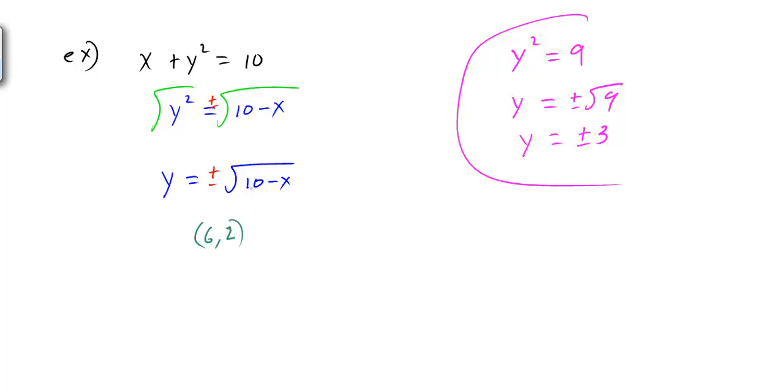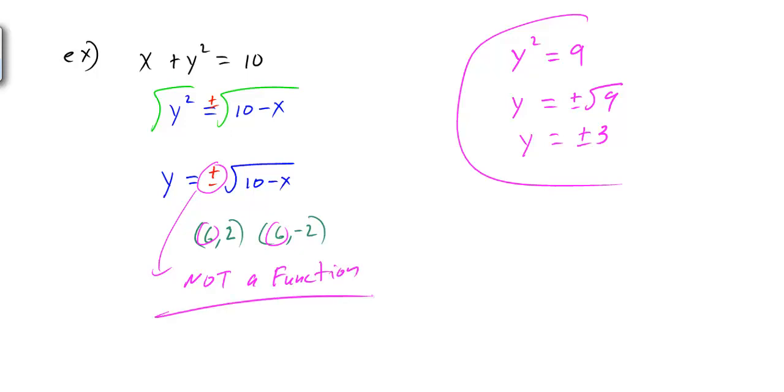But the other option, because of the plus or minus, is negative 2. So we have the points (6, 2) and (6, -2). I'm showing you in green that these give you repeated x values, and it's because of the plus or minus in front of the square root. Therefore, this is not a function.